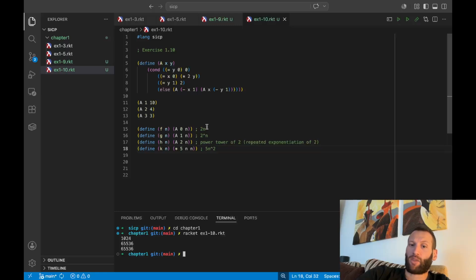Basically it is a repeated exponentiation of 2. So this is not a great exercise, but still I did it, and I showed it to you.